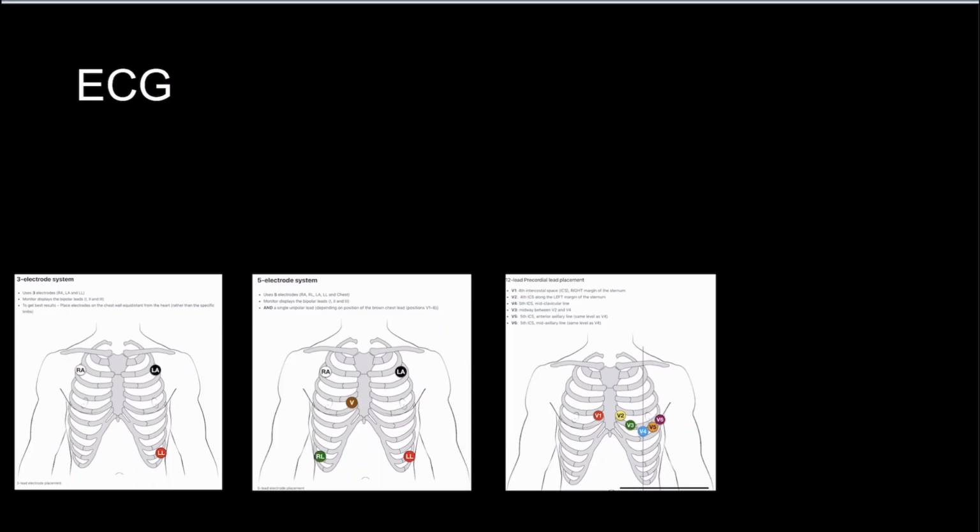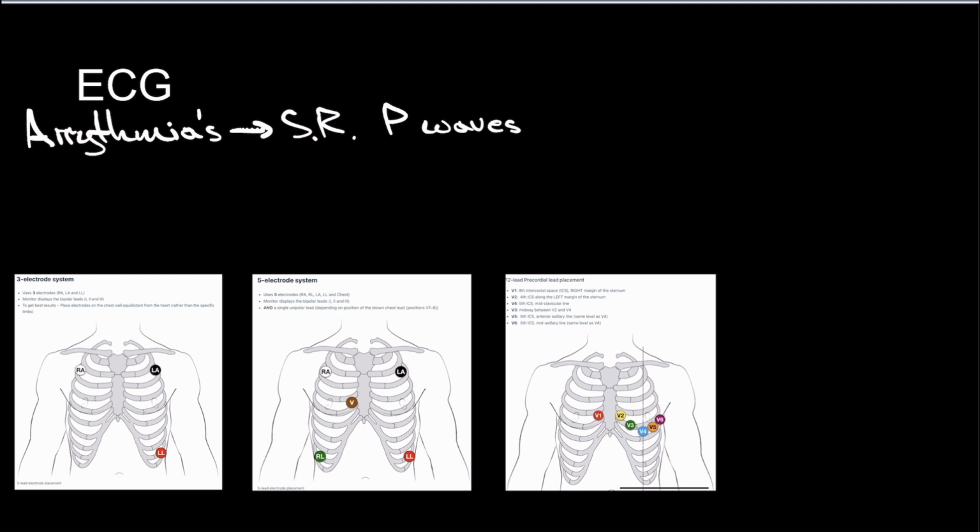So there's a few pearls when you're reading an ECG, or at least knowing how to appreciate the leads. So if you're ever monitoring or you're concerned for arrhythmias, your best bet to monitor for sinus rhythm or for P waves is going to be observing V2.